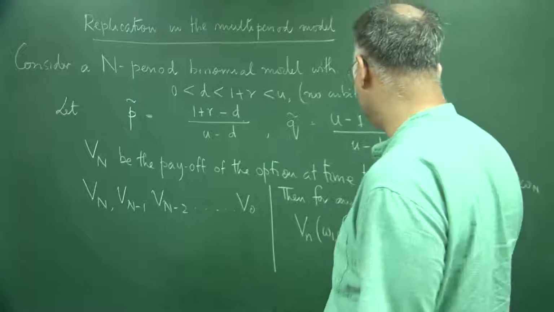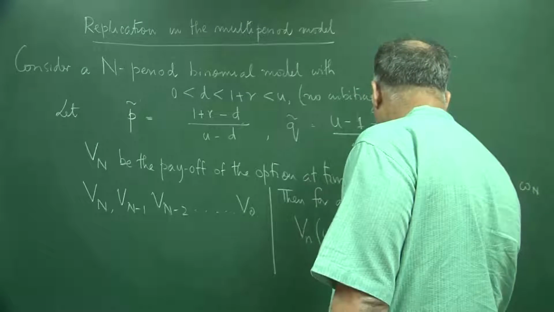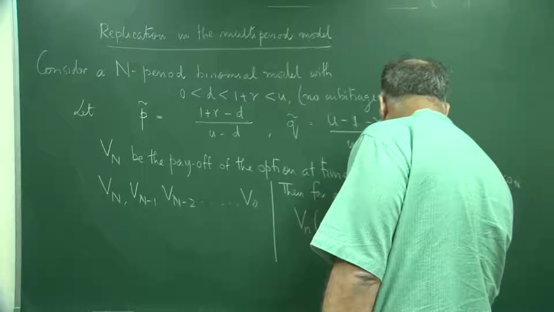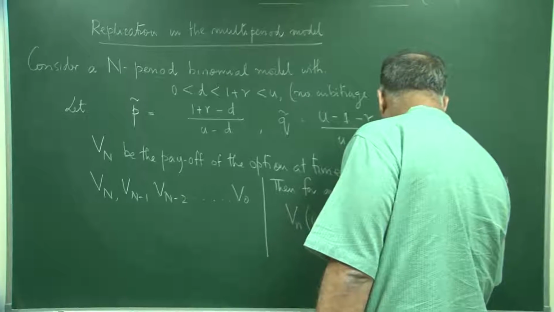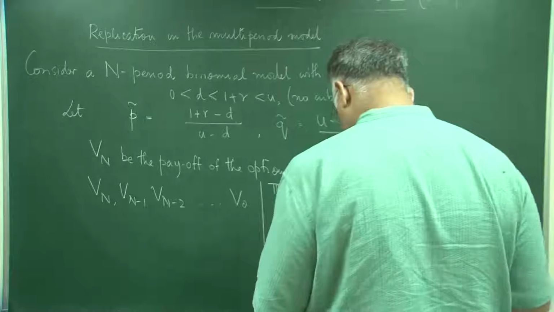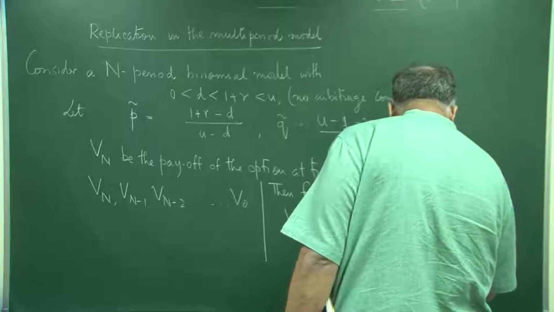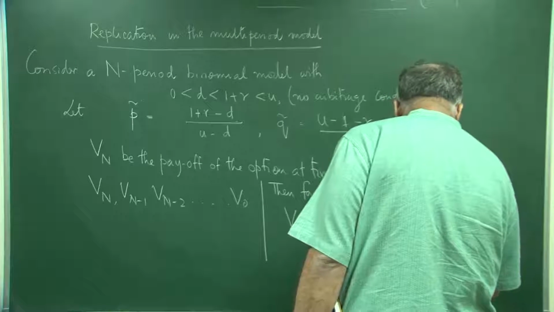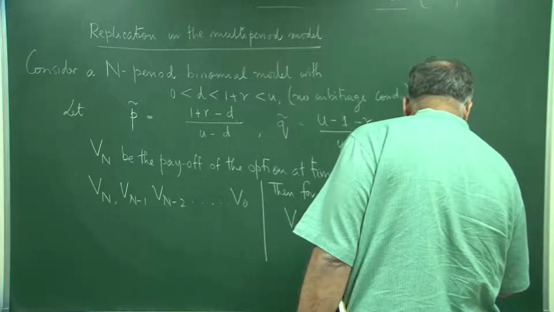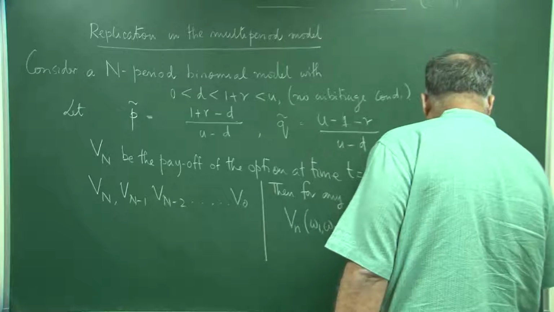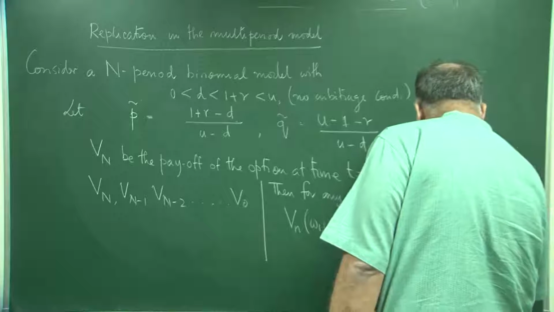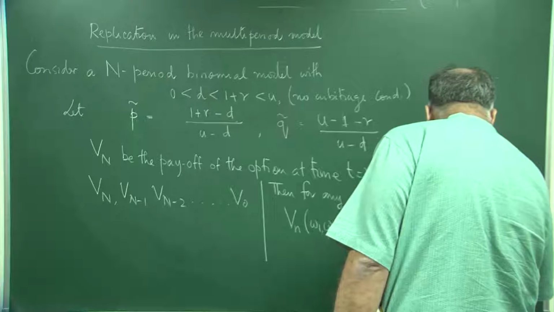This is nothing but a discounted price, P tilde Vn plus 1. So, omega 1, omega 2, omega n has occurred up to n, then either head can occur or tail can occur.